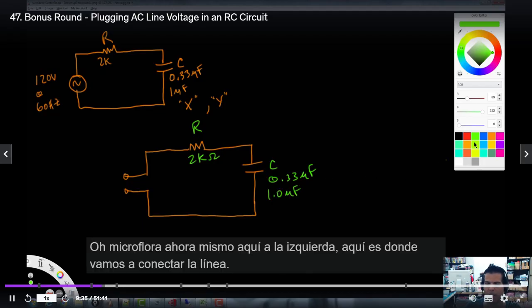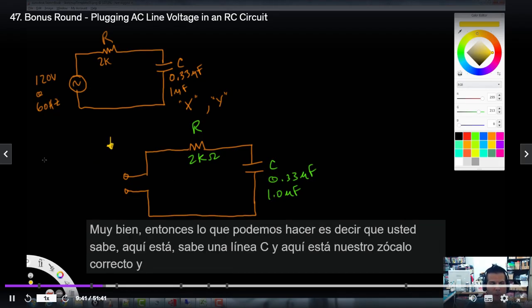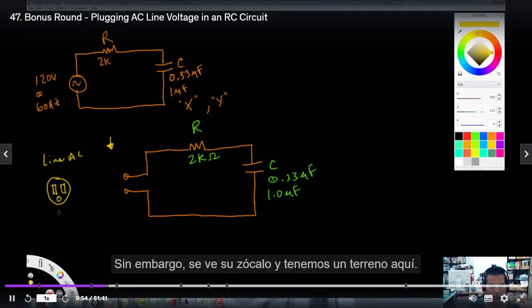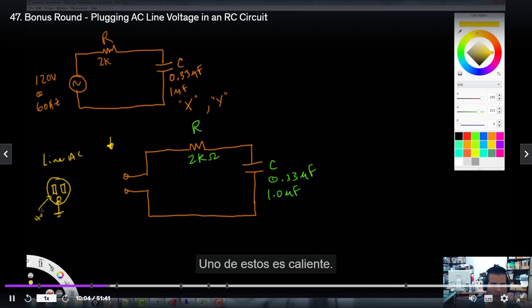Now, over here on the left, this is where we're going to connect the line in. So here's line AC, and here is our socket, however your socket looks, and we've got our ground here. One of these is hot.